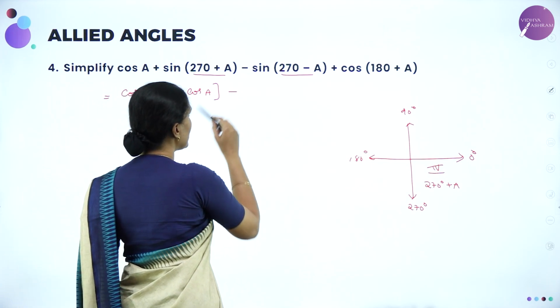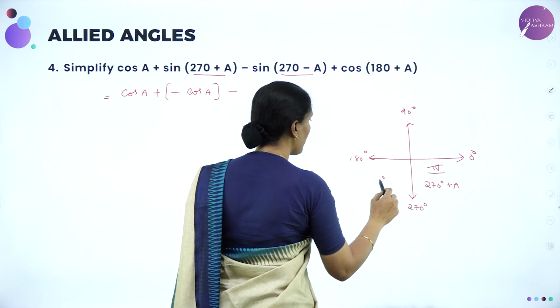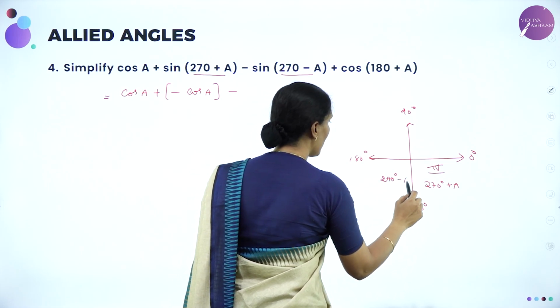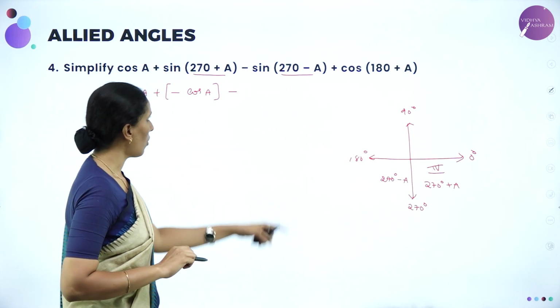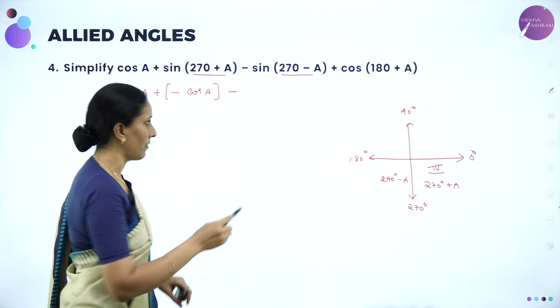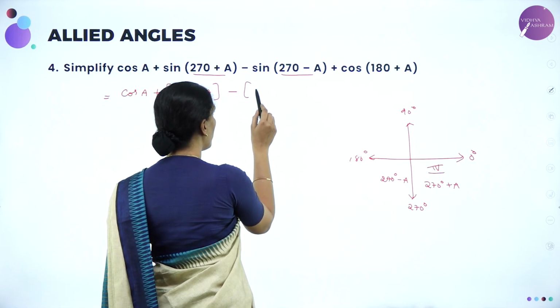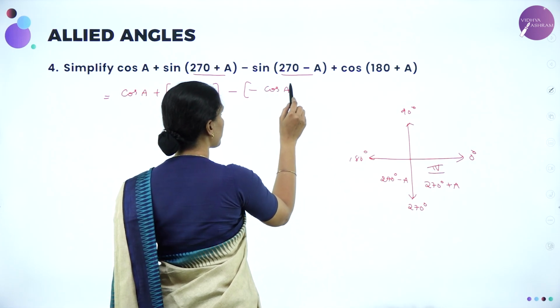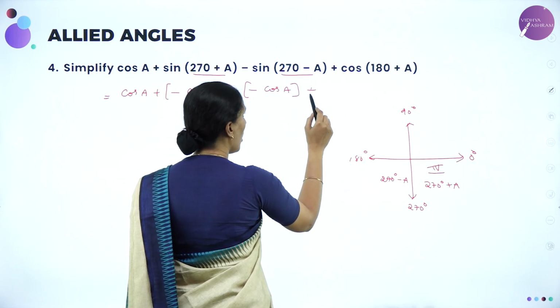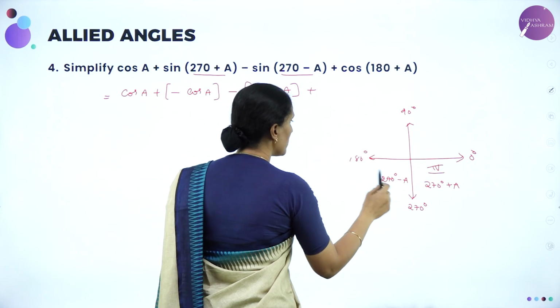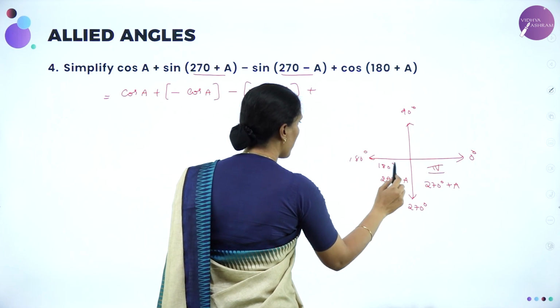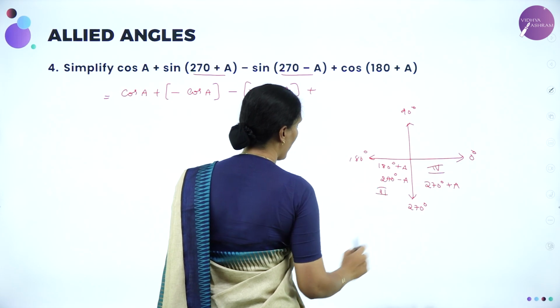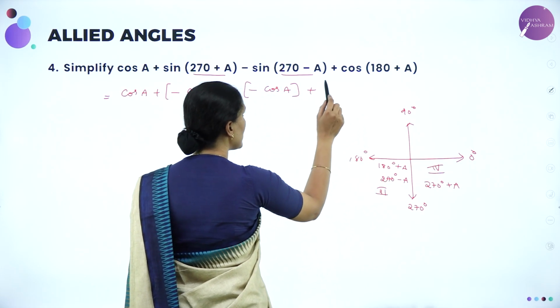Next we have minus sin(270 minus A), which means it comes again in the third quadrant. In the third quadrant also the sine function is negative. So here we have to put minus, whereas sine changes to cos A. Next, cos(180 plus A). Here 180 plus A comes in the third quadrant, and in the third quadrant cos is negative.